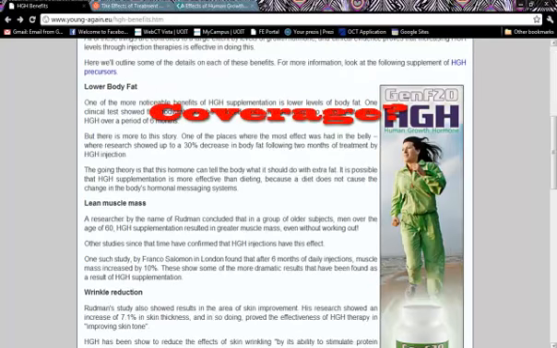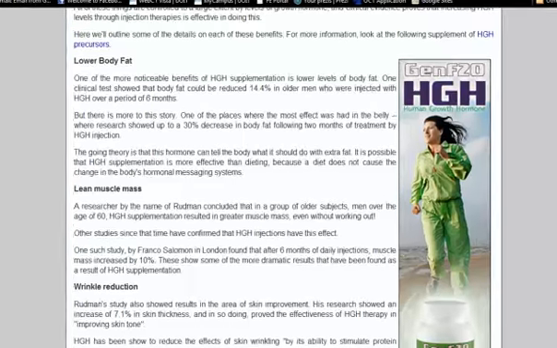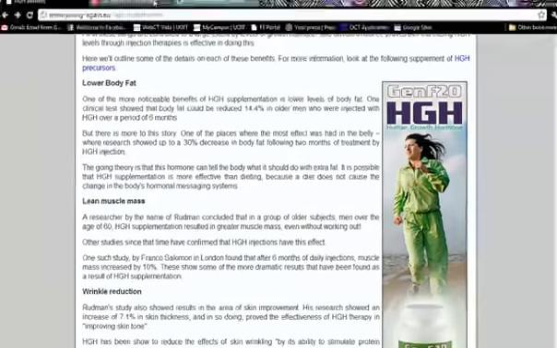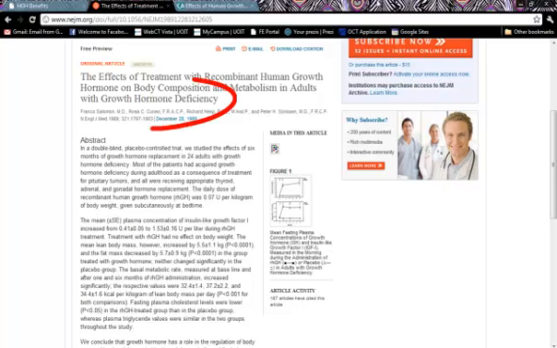When evaluating the coverage, you want to look at what topics and ideas are being presented and how in-depth they're being presented. One thing that stuck out to me was this reference made to two different studies, one by Rubin and one by Franco-Solomon. Again, because there was no references presented, I had to independently search these out, and one study is on people with growth hormone deficiencies, which again is not your average person, and the same effects may not be seen in an individual like you and me.